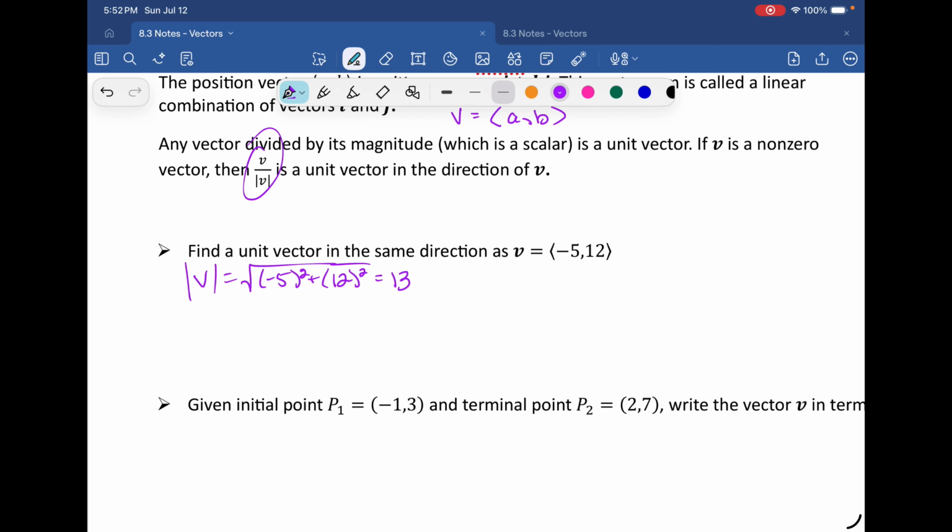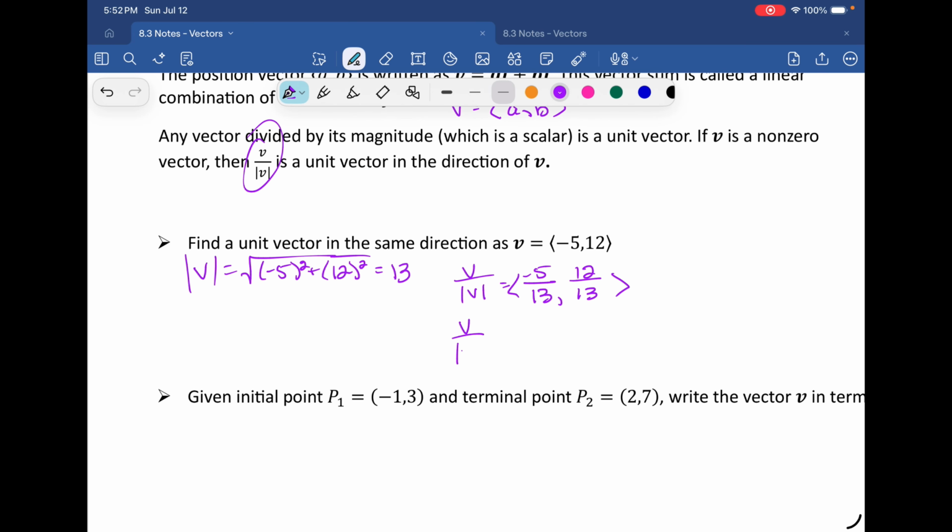And you can do this in a couple different ways. I think I've shown the work differently on both of these. So the unit vector would be the components divided by the magnitude. And in unit vector form, it'd be negative 5 over 13 i plus 12 over 13 j.